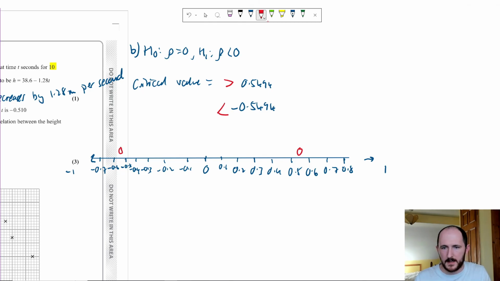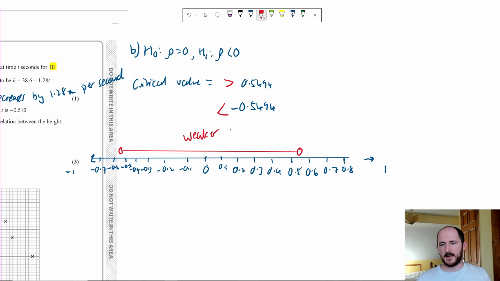Now, between those values, is the correlation stronger or weaker? Well, it's weaker. For example, a correlation of -0.2 is weaker than a correlation of -0.54, and a correlation of 0.54 is stronger than a correlation of 0.1. So between these values, we have a weaker correlation.